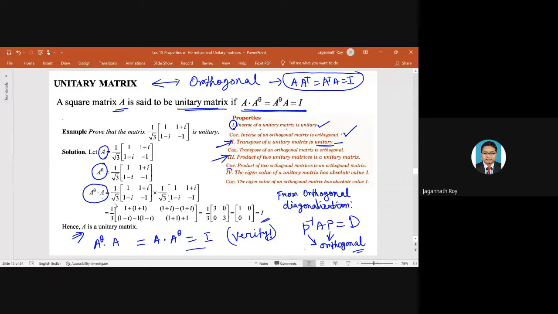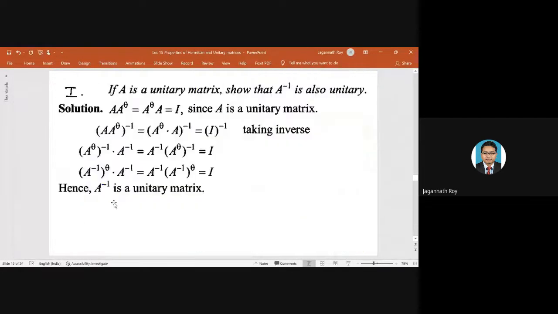The main important theorem is property 4: the eigenvalue of a unitary matrix has absolute value 1. These are just simple proofs.